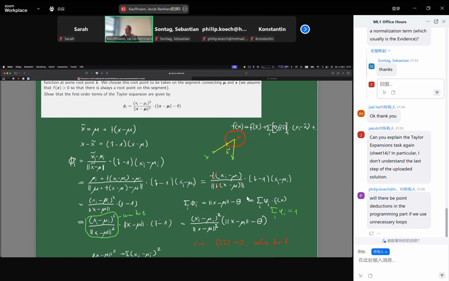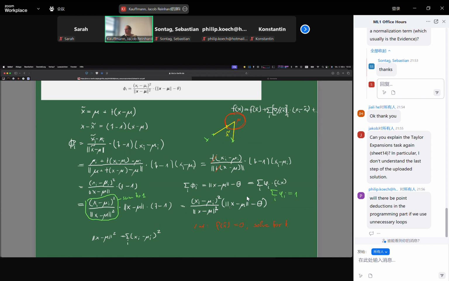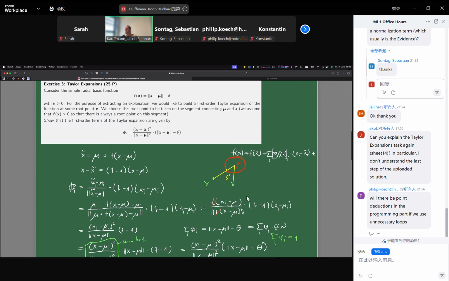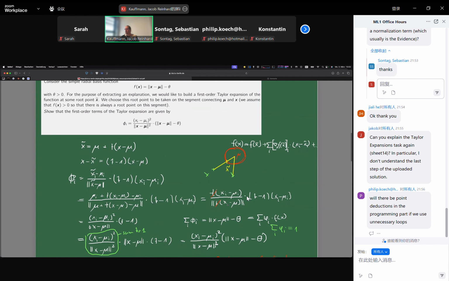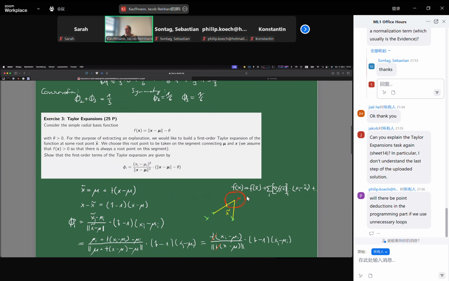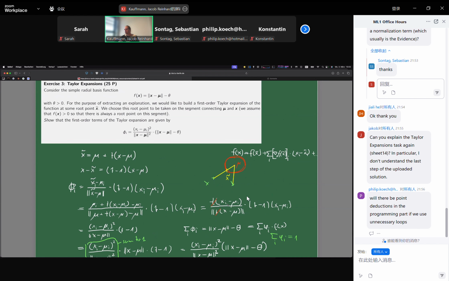This is a bit of a shortcut that we took here, where we basically use this conservation property.